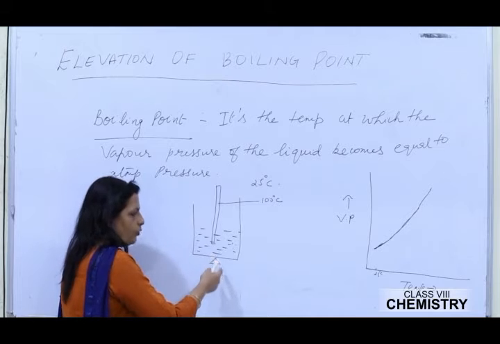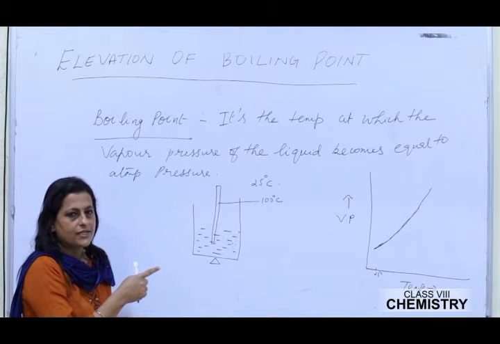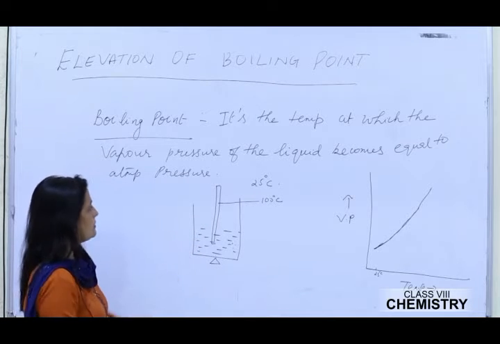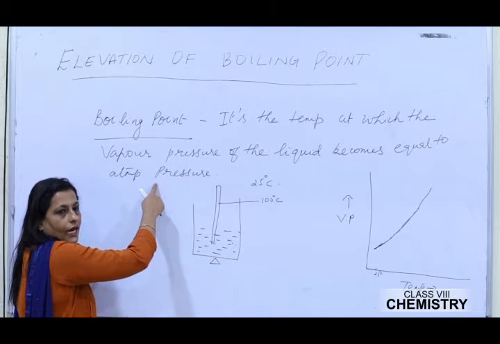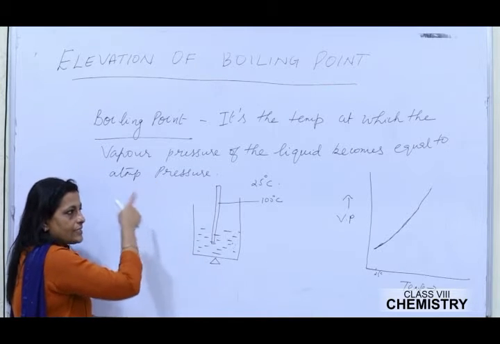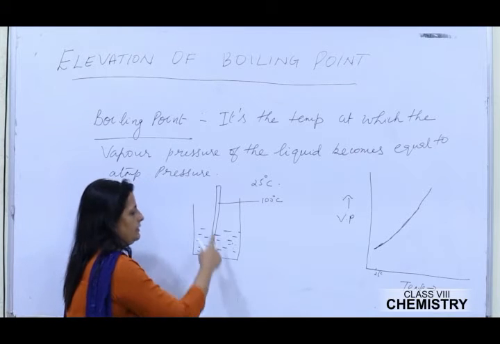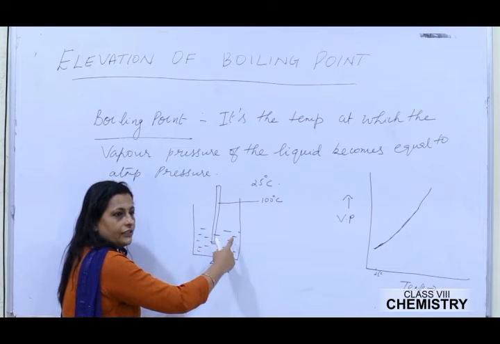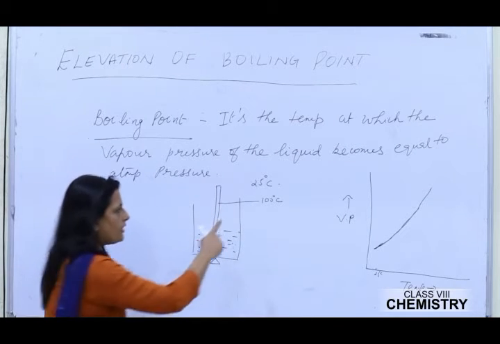You are supplying heat, the water is getting heated, but the temperature remains constant. Why? Because the vapor pressure of water has become equal to atmospheric pressure. Once the pressure becomes equal, even if you go on supplying heat, the water will not further boil. So that's the reason why we say the boiling point of water is 100 degrees C.